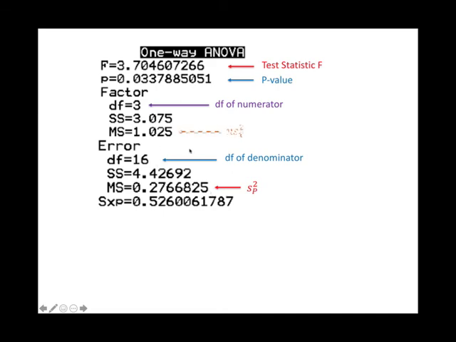That's one more here. Under the factor, the MS, this guy, 1.025, this is the N, the sample size, times the variance of the sample mean. Okay, N times the variance of the sample mean. So let me take out this one here. N times variance of the sample mean equal to this number. And then if I do the math, I divide it by N for both sides.